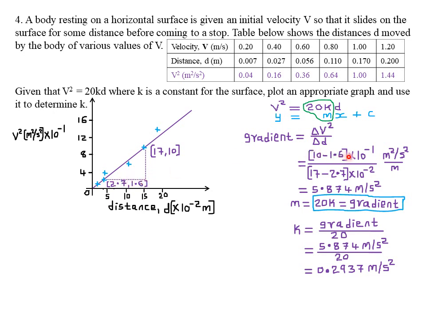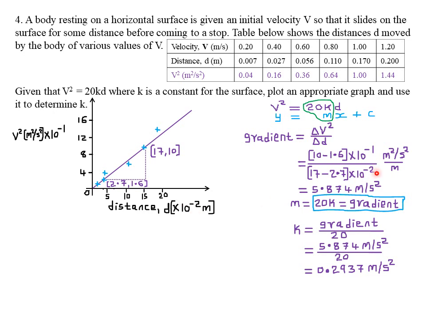Therefore, we have 10 minus 1.6, giving us our change in v squared, multiplied by times 10 power negative 1, divided by the change of values in d, or in the x-axis. The first point is 17, then we subtract the value of d, which is 2.7. Then again, horizontally, we multiply by times 10 power negative 2.